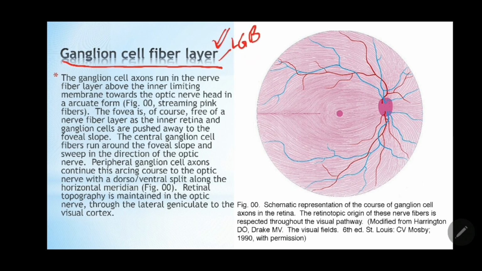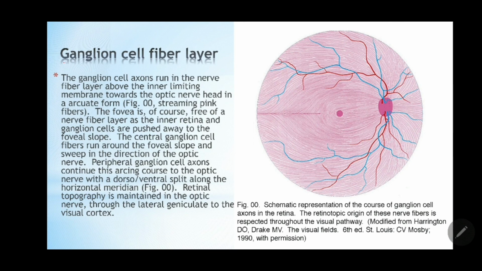However, a few fibers also relay in the superior colliculus, but most relay in the LGB. And from the LGB up to the visual cortex, those are the third order neurons in the visual pathway.